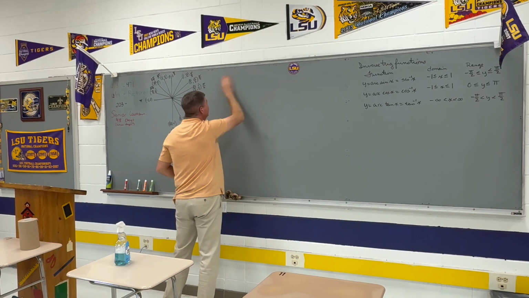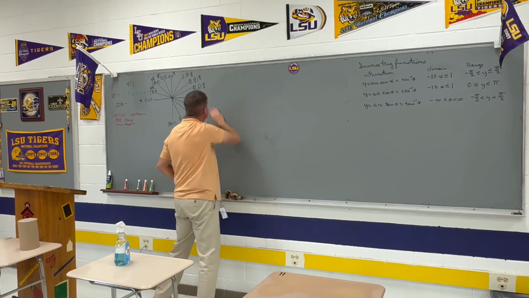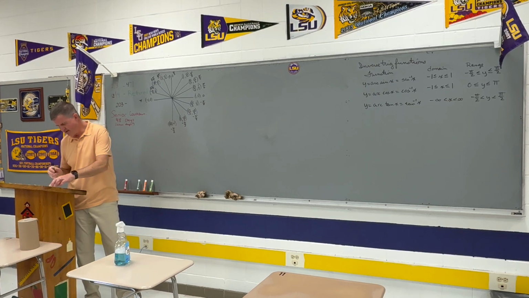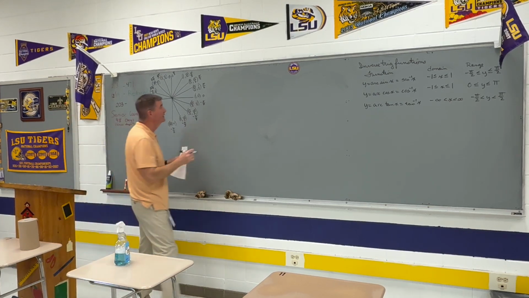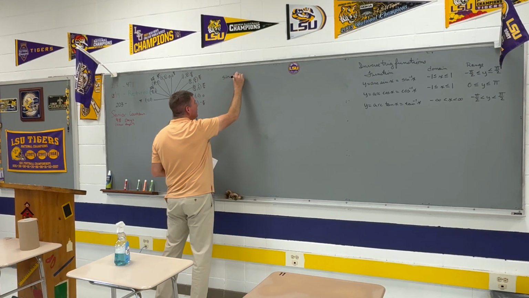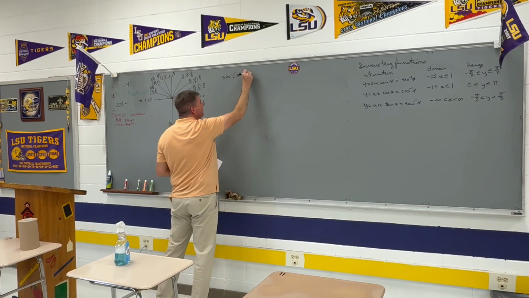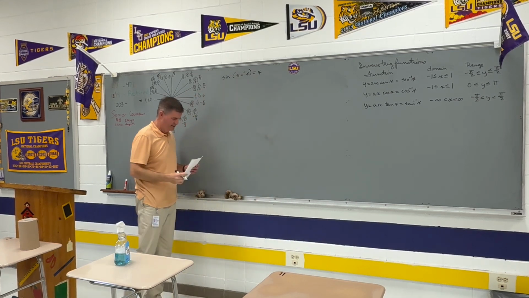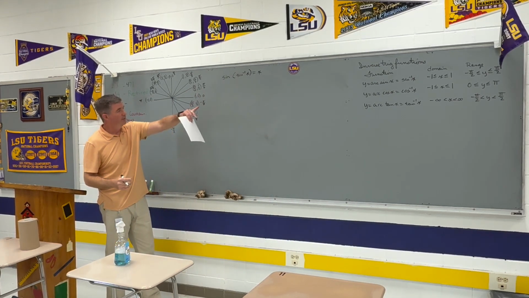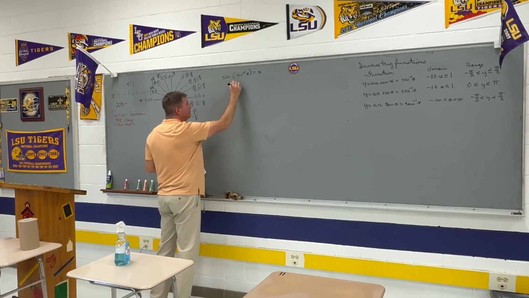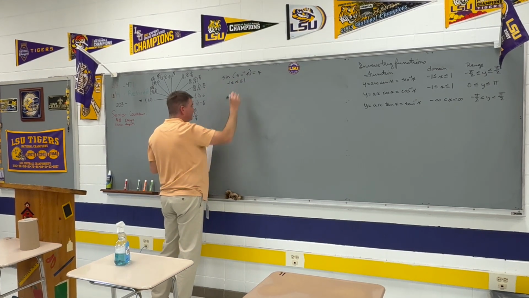If we have the sine of the arc sine, or the inverse sine of x, the answer is just x, if we're within the domain, which is -1 less than or equal to x, which is less than or equal to 1.